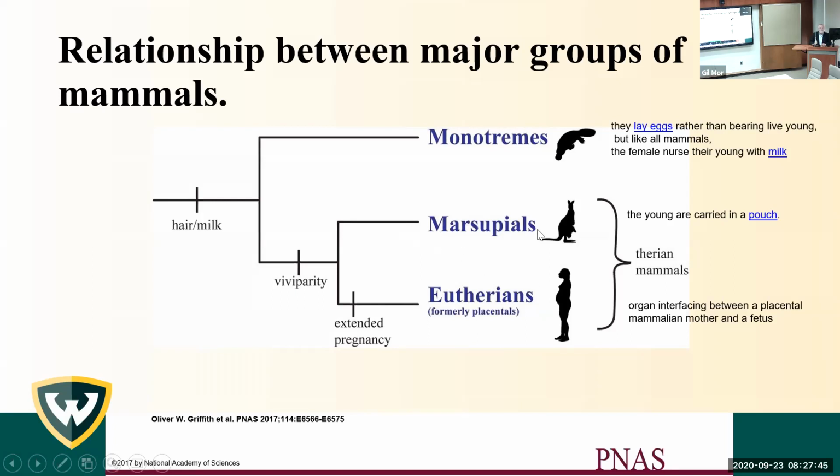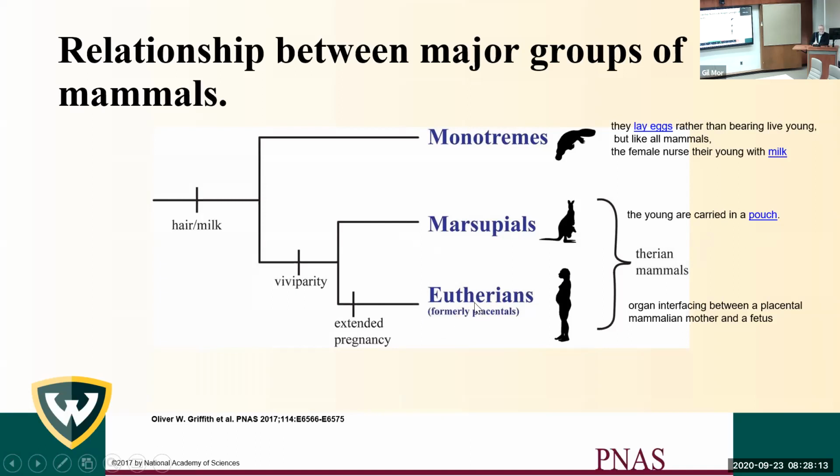One is the marsupials, and second is the eutherians. So what is the difference between the two? Both of them have implantation. The difference with the marsupials is that the implantation is for a very short period, and then the rest of the pregnancy is carried on within the mother, but in a pouch, and there is no placenta.